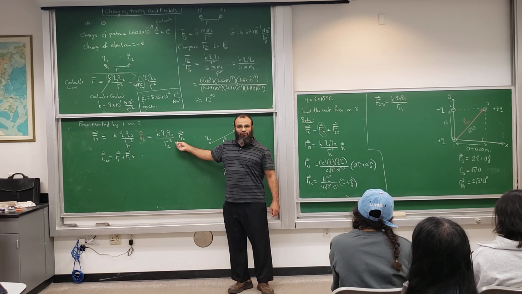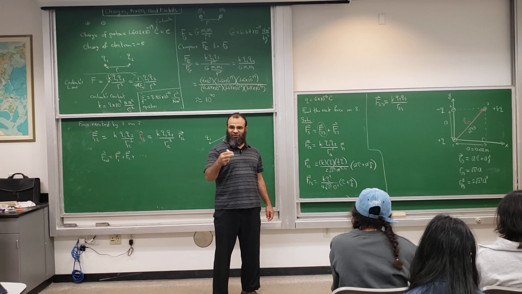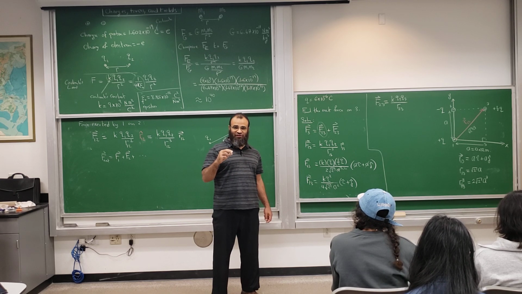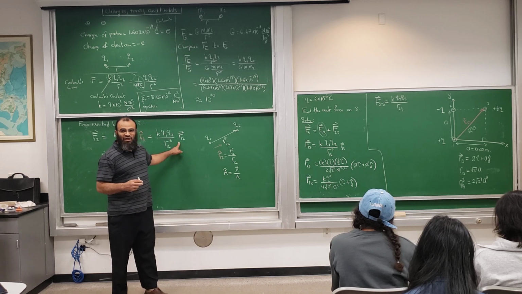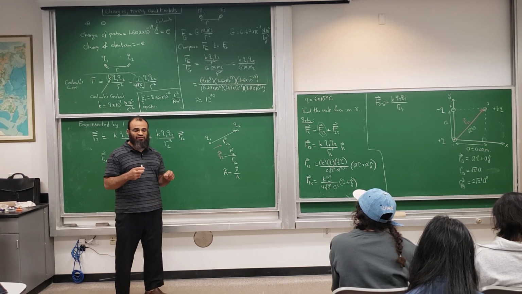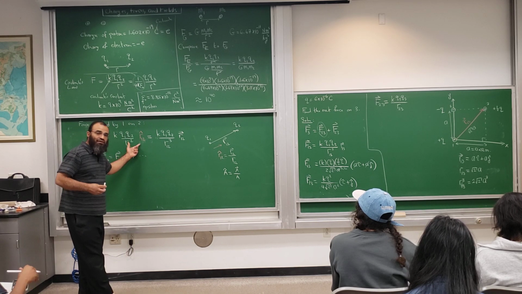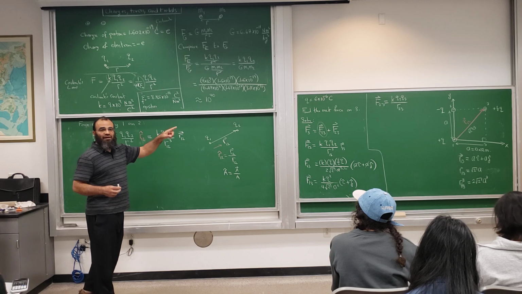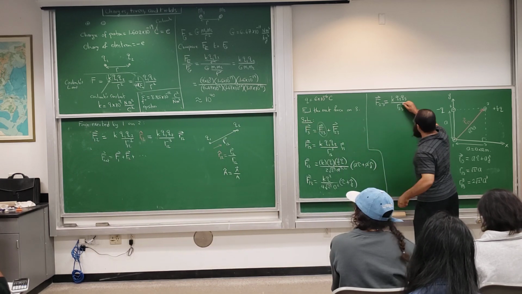Whenever the unit vector doesn't point in the x direction or the y direction or the z direction only, it's more convenient to use this. If the unit vector is just in the x, the y, or the z direction, then it's more convenient to use this one. So in this case, it's clear why.